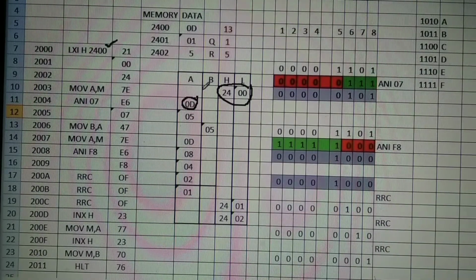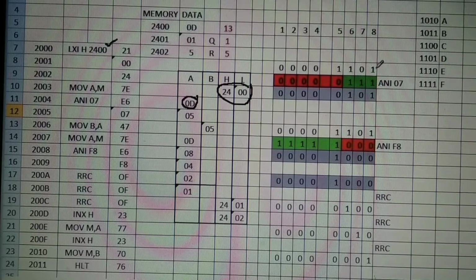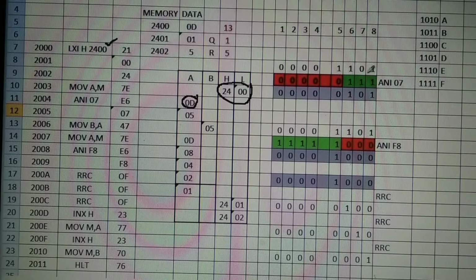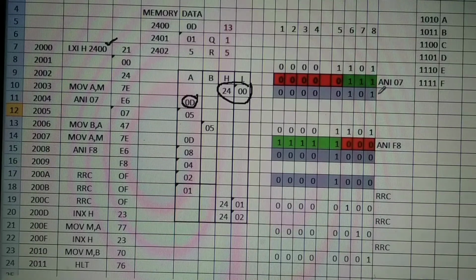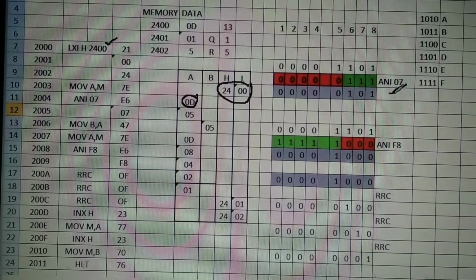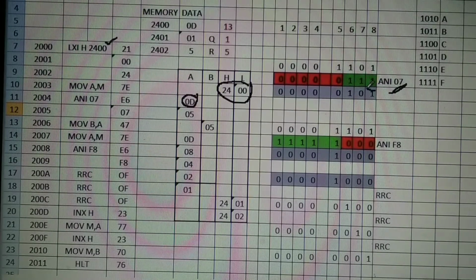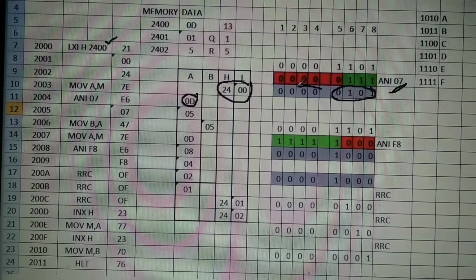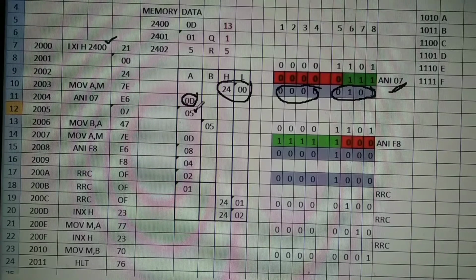You have to divide it by 8, that means the least significant 3 bits are required as they are, therefore they are shown in green, and the remaining part of the number, not required, is shown in red, and the value becomes 07. Perform the AND operation, and the value you will get is 05. This is the remainder part which is present in the accumulator.